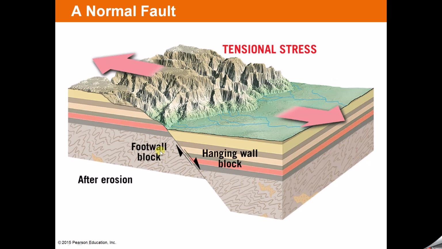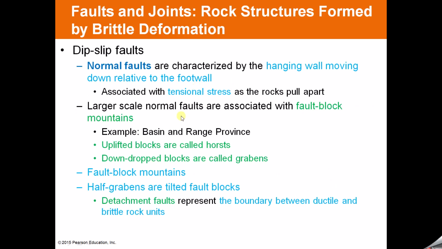Okay, foot wall looks like going up, hanging wall going down. So large scale normal faults are associated with fault block mountains. Example, the Basin and Range Province. So we have uplifted blocks called horsts, and down dropped blocks called grabens. So we have fault block mountains, and we have half grabens, which are tilted fault blocks.